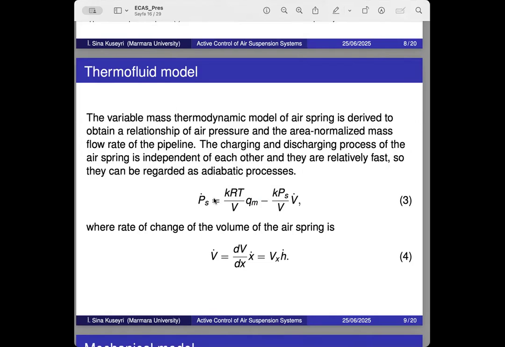In this equation, the rate of change of the volume of the air spring is given by equation number 4, and it is equal to the rate of change of height times the change of volume with respect to the change in the displacement.